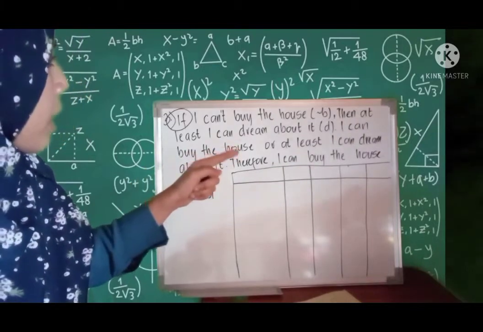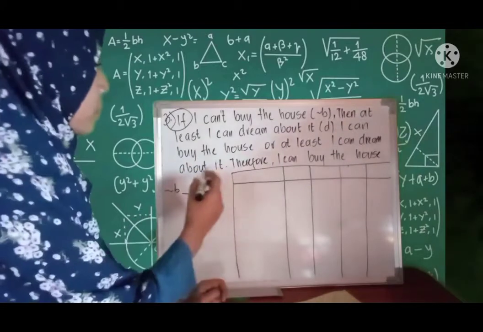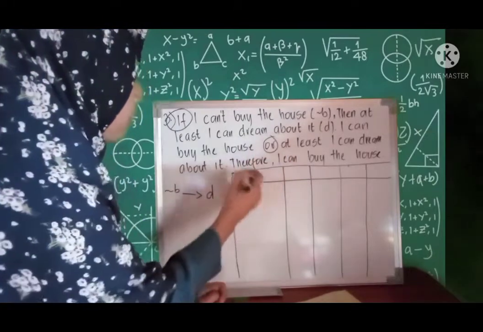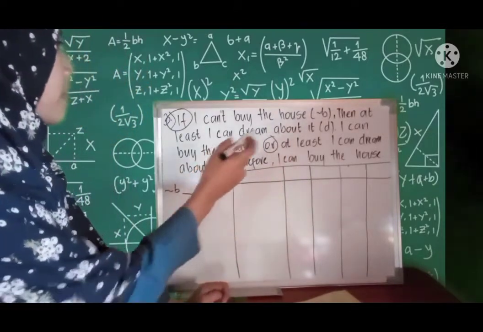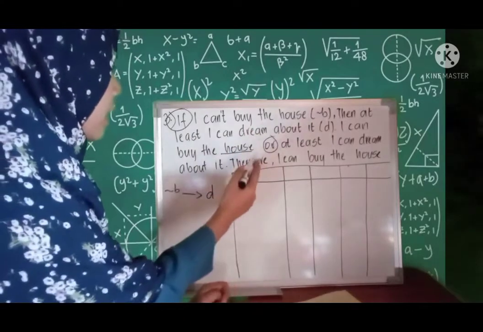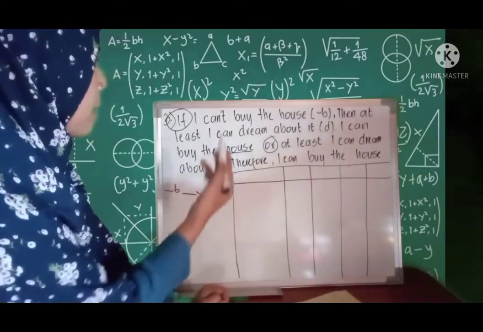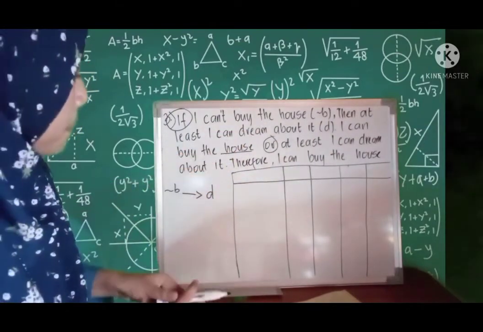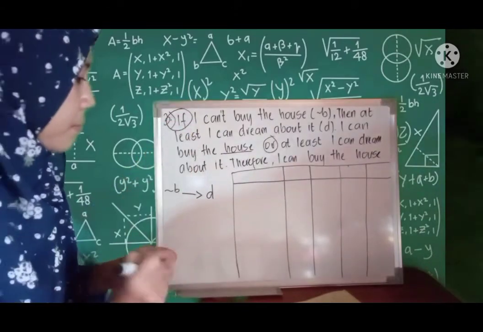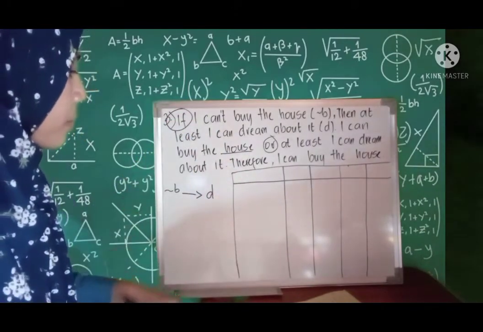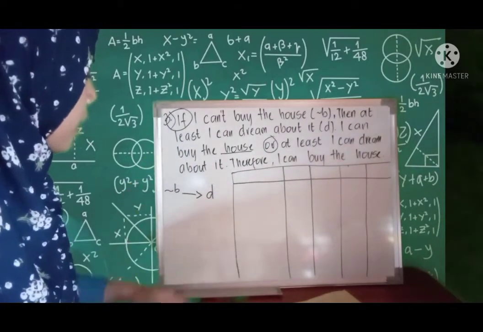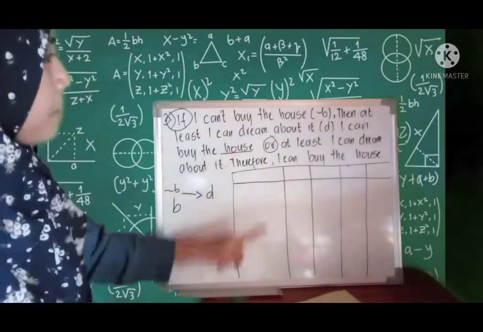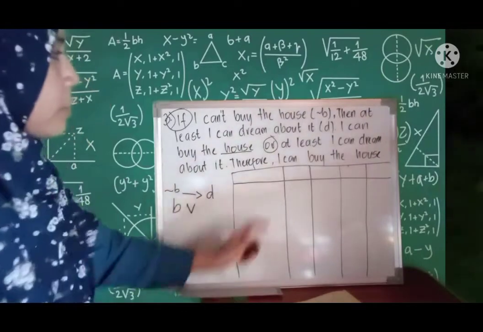So, I can buy the house, then at least I can dream about it. So, mayroon siyang ginamit na or para i-connect yung sentence. So, I can buy the house. House represent as negation B. Pero, since wala siyang can't dito, ang magagamit lang natin ay B. Or, connection.